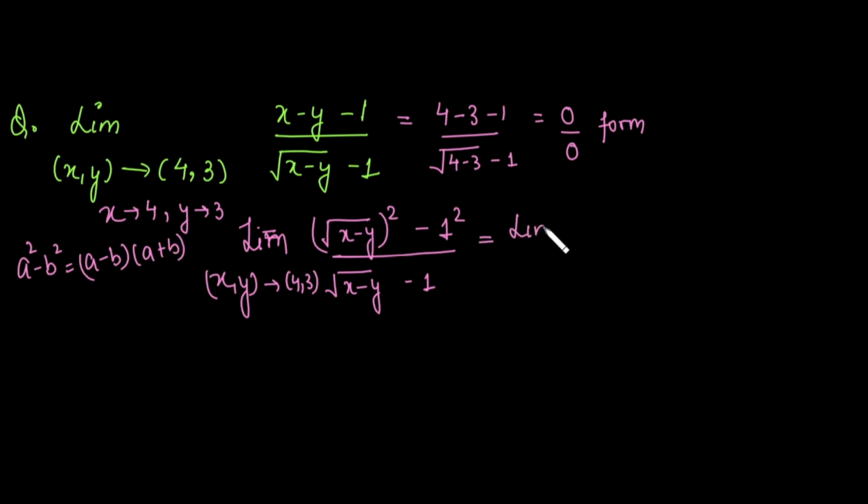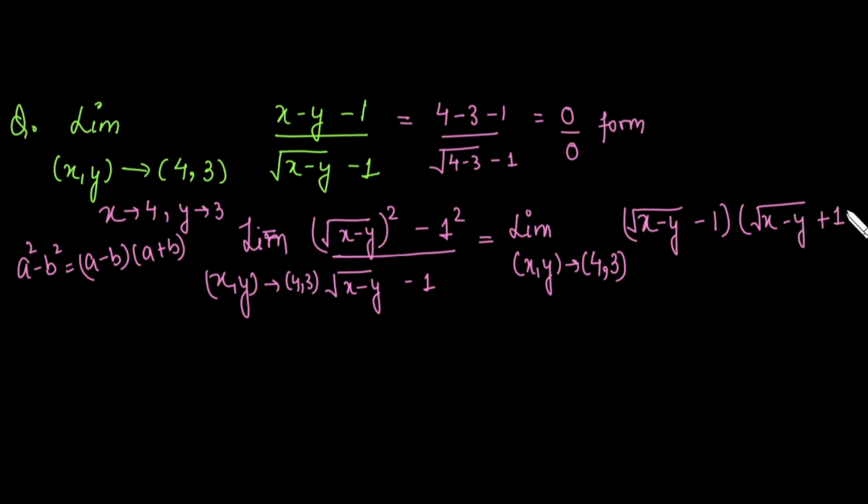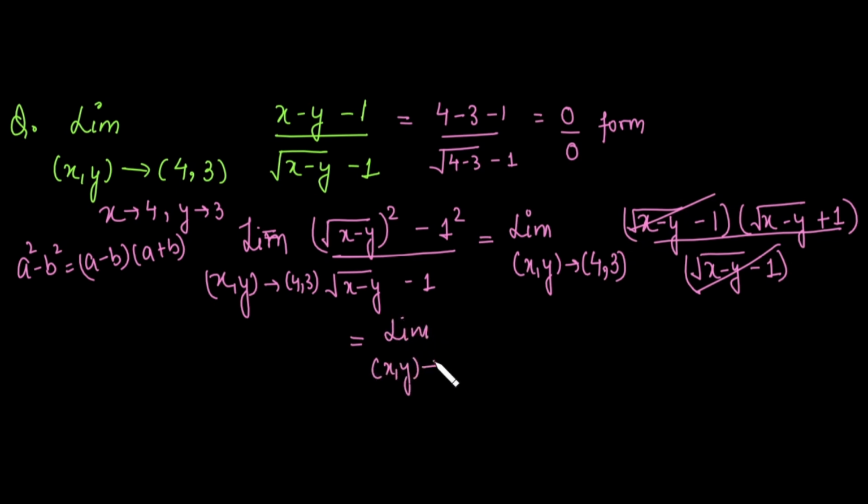Simplify this, we have limit as (x, y) approaches (4, 3). This can be written as (root of x minus y, minus 1) times (root of x minus y, plus 1) divided by root of x minus y minus 1. Now this factor gets cancelled with this one. Finally we have the limit as (x, y) is approaching (4, 3) of root of x minus y plus 1.